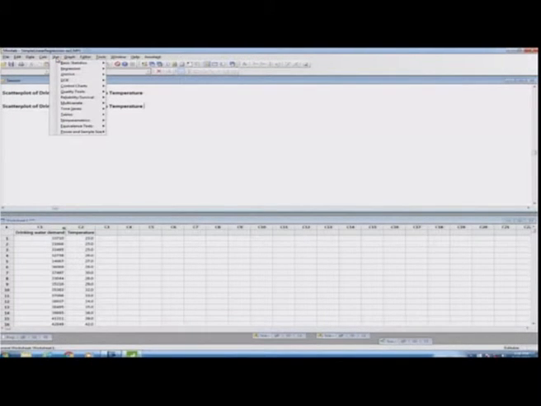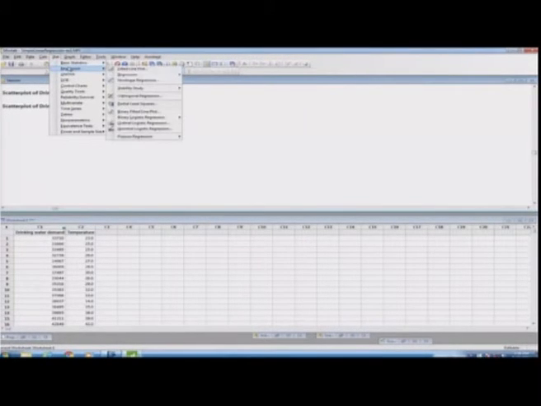Right. Okay. So now after this we go for the regression analysis. In MINITAB there is a built-in function for this regression analysis, and we go for regression and fit a regression model.